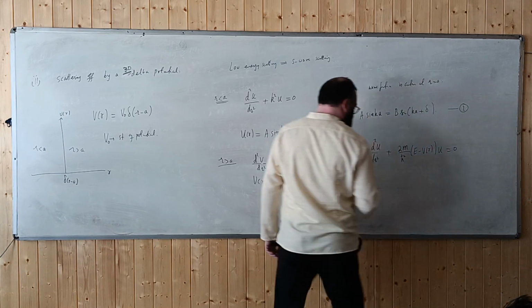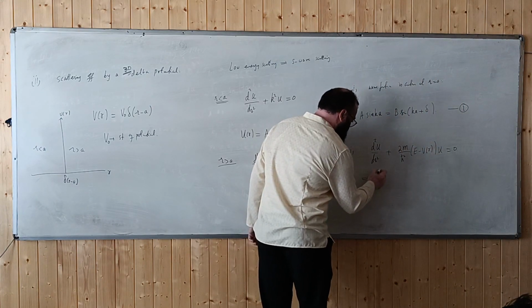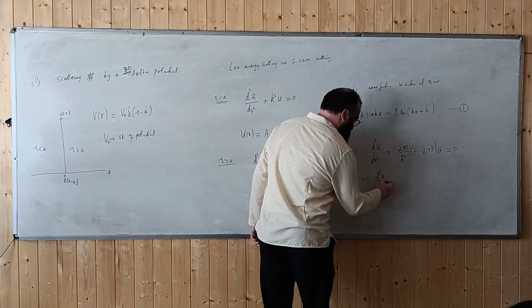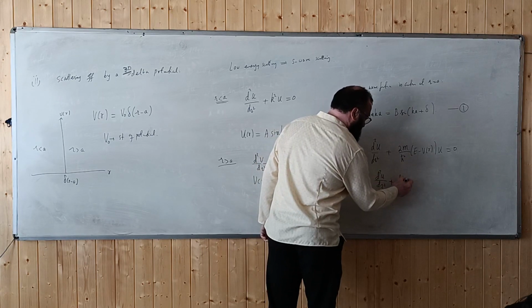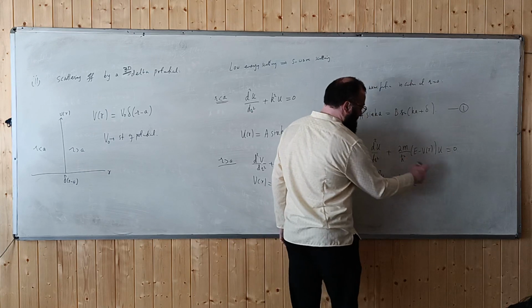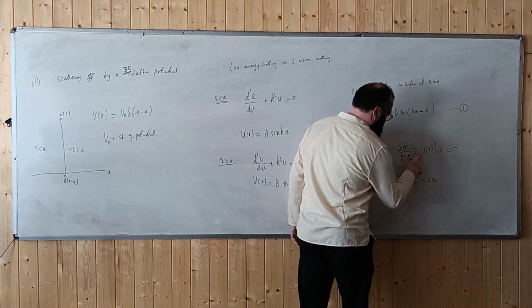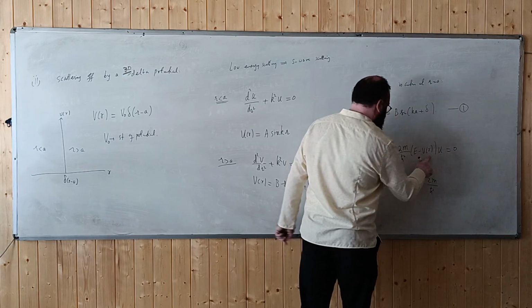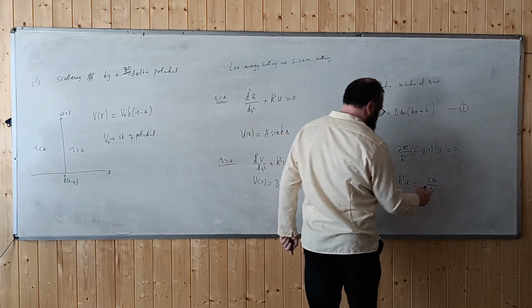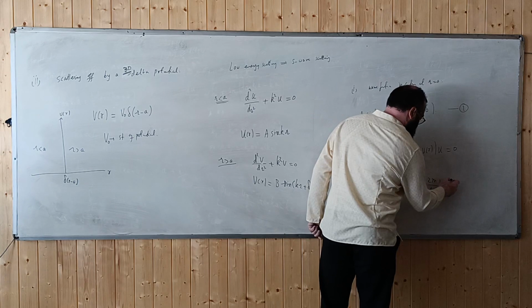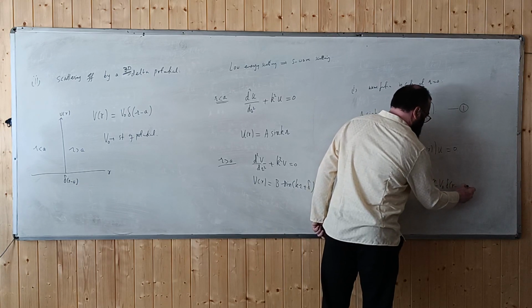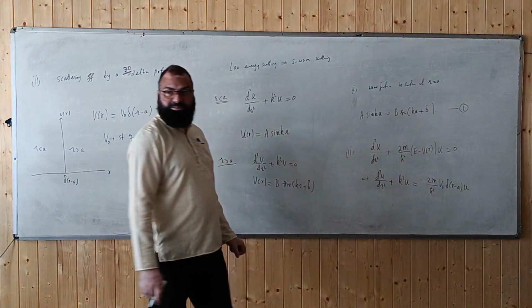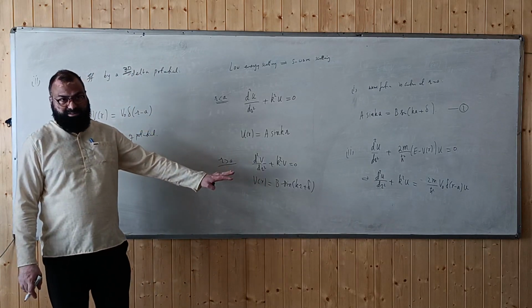So I have d2u by dr2 plus k square u equal to twice m by h cross square times V(r) u. What is V(r)? V(r) is V naught delta(r minus a). So it's our simple Schrodinger equation.